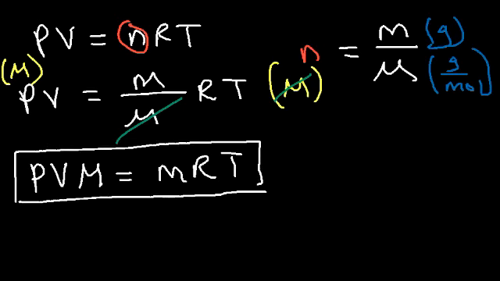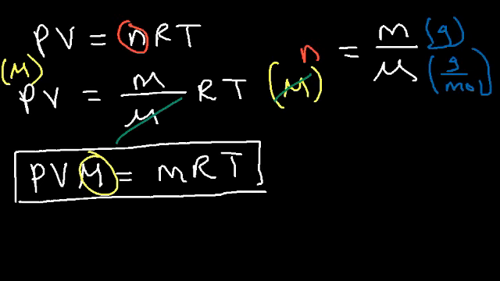Because sometimes you may get a multiple choice problem where they ask you to identify the gas. And your options might be like N2, O2, helium, argon, CO2. And for such a problem, if they give you mass, plug it in, solve for molar mass. And once you have the molar mass, you can look at your answer choices and see which gas has the same molar mass as the answer that you have.